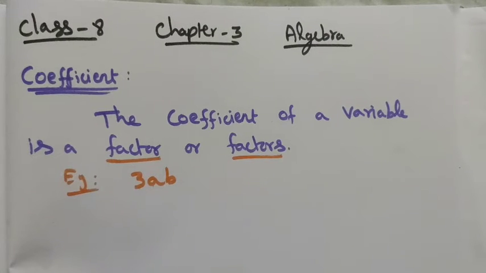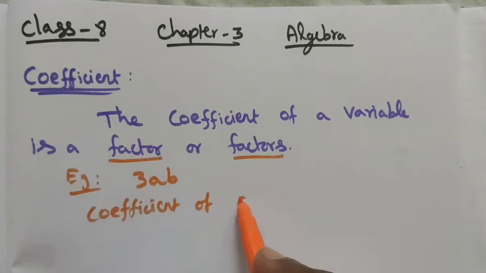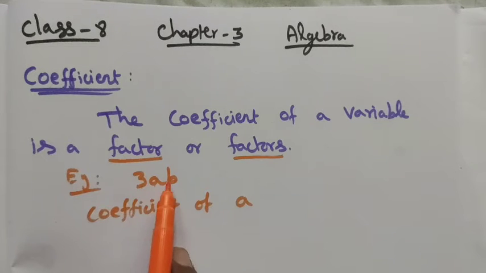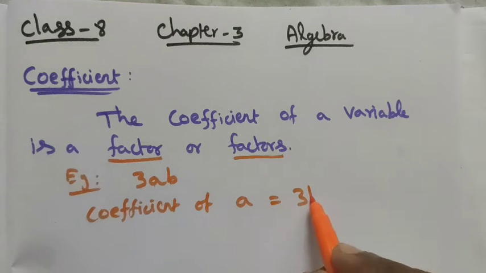Now we want to find the coefficient of a. The coefficient of a is, except the a, the product of the remaining terms, which is 3 into b. 3b is the coefficient of a.